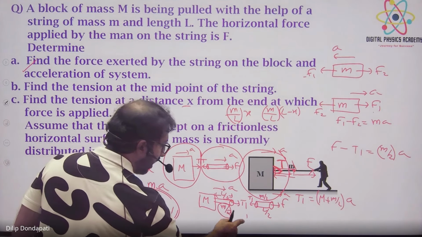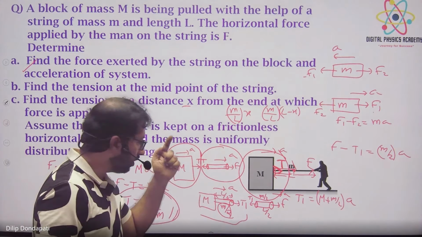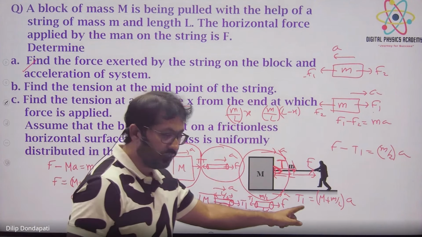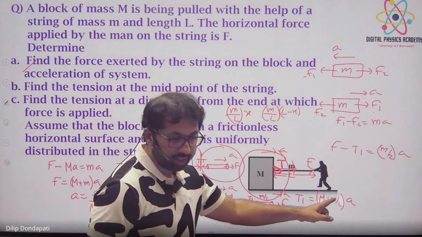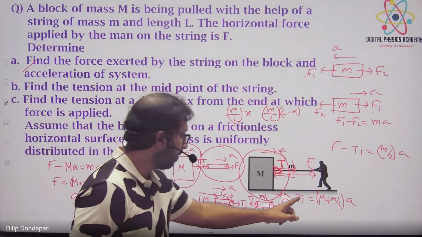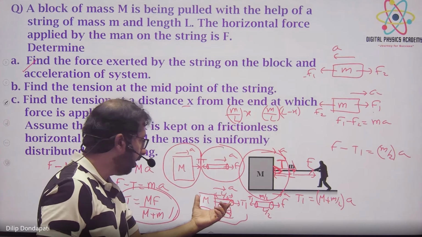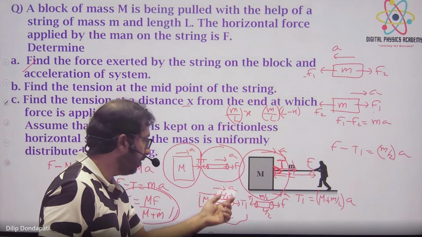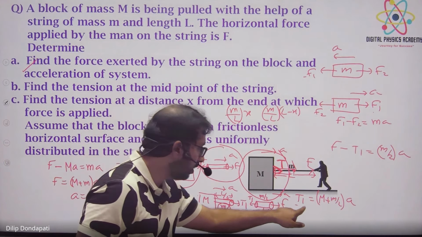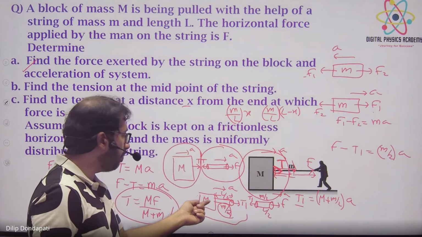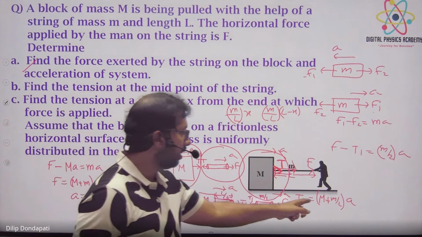So what will its equation be? Tell me. Only one force is acting, T1. So T1 is equal to, capital M plus m by 2, yes, correct. This is the total mass. Net force equal to ma. Net force is only one force, is equal to mass, which is capital M plus m by 2, times a. This is one equation.